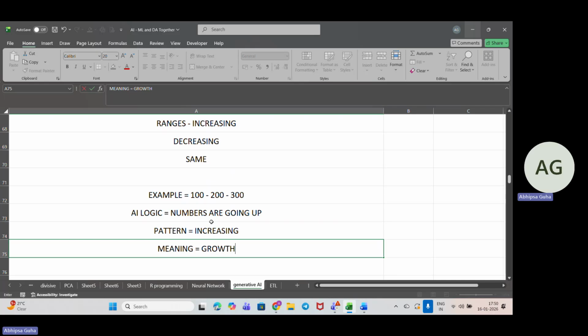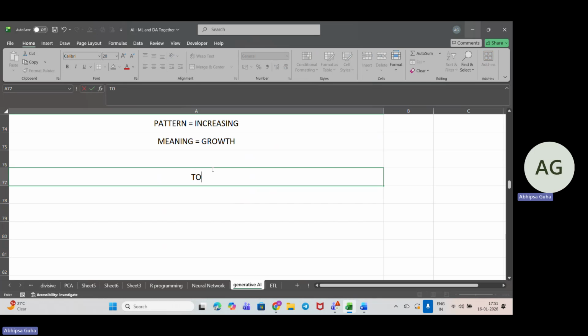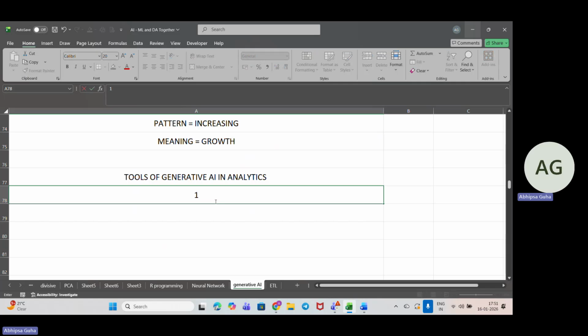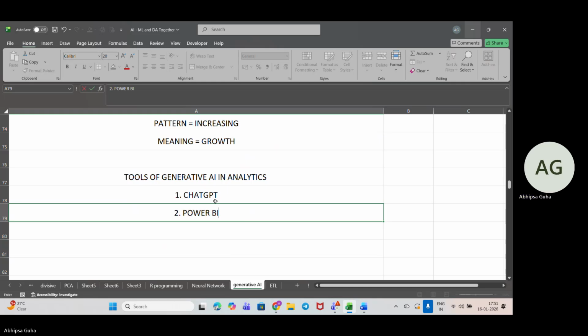Okay, so what are the tools of generative AI in analytics? The very common and useful one is ChatGPT. Next, we have Power BI, that is the Copilot.